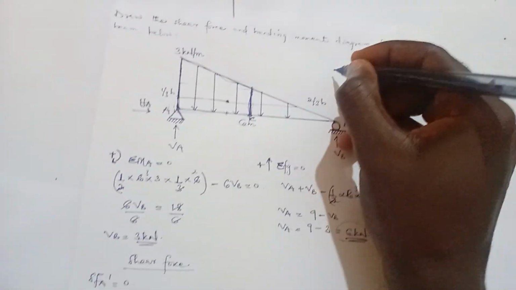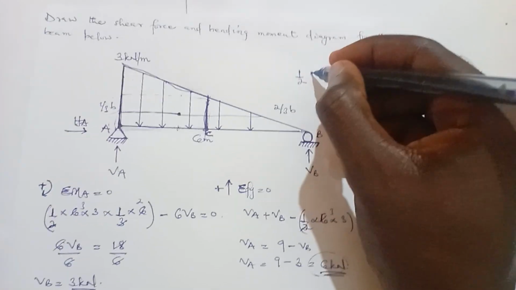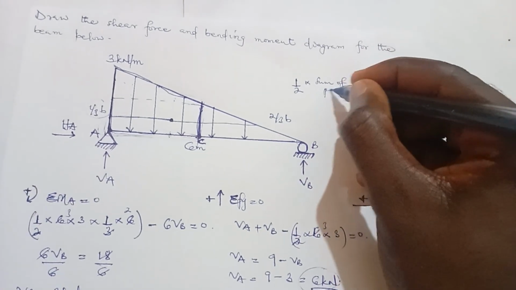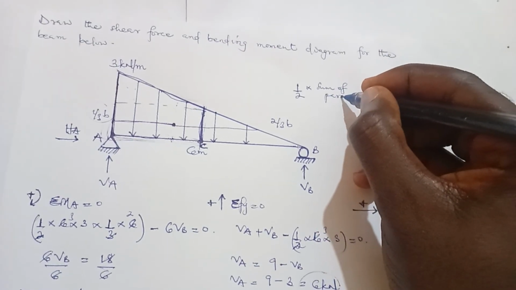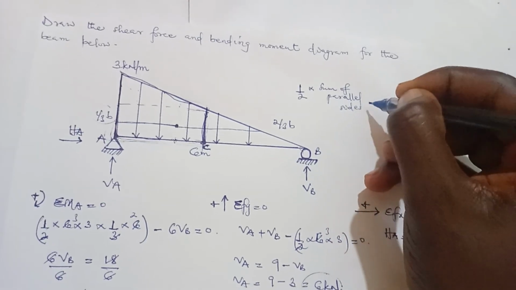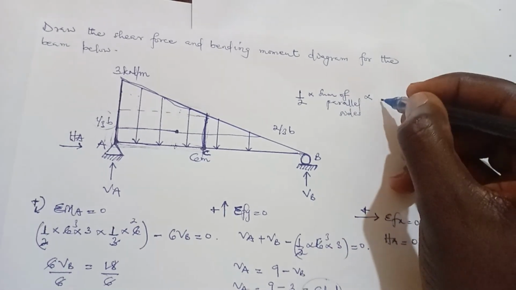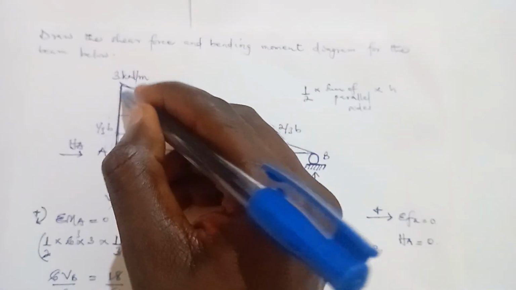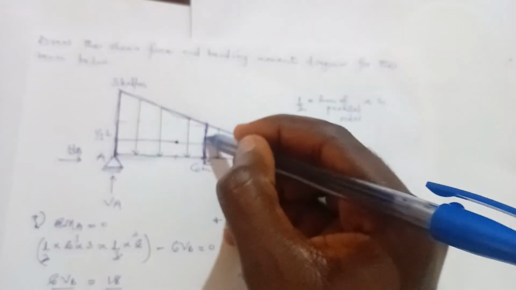So the area of the trapezium is half multiplying the sum of parallel sides times the perpendicular height. These are the parallel sides of the trapezium, this side and this portion.